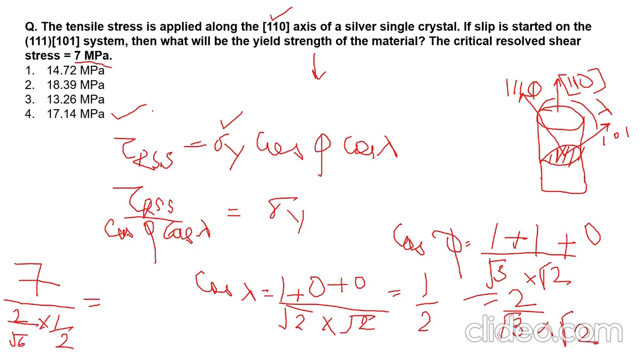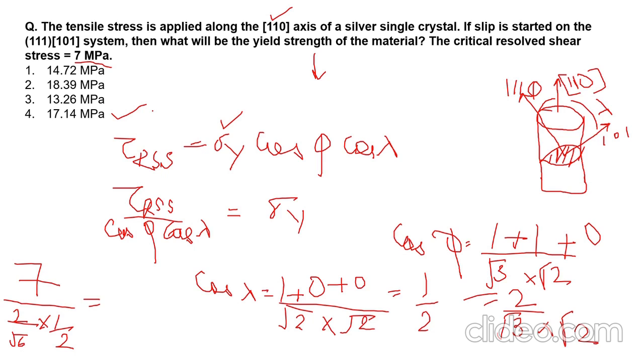Ma'am, how did you draw these directions on the crystal? The single silver crystal is given. How did we determine the directions like 110 and 111? This will be given, but because it is a single crystal, you should know the crystal structure of silver.